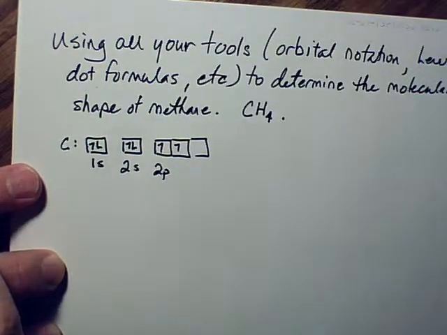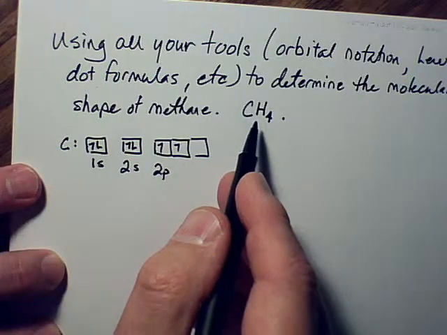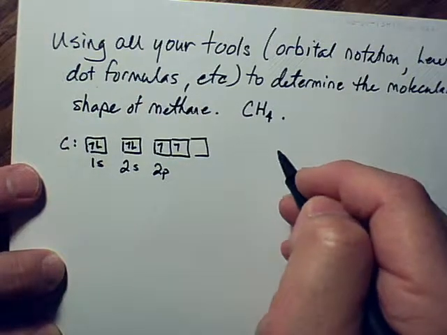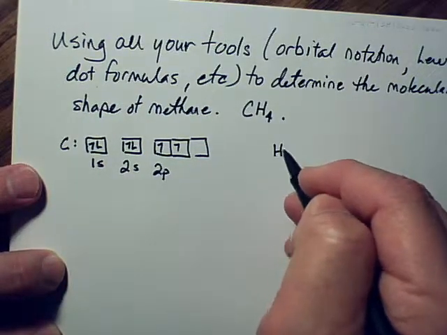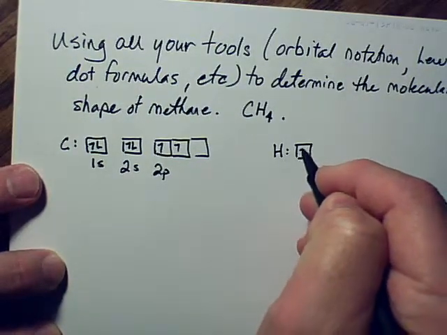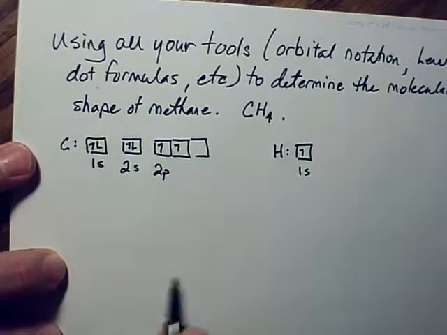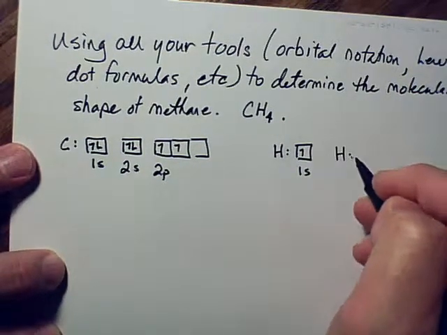And then we know we're going to have 4 hydrogens, and hydrogens have only 1 electron. I got 4 of them.